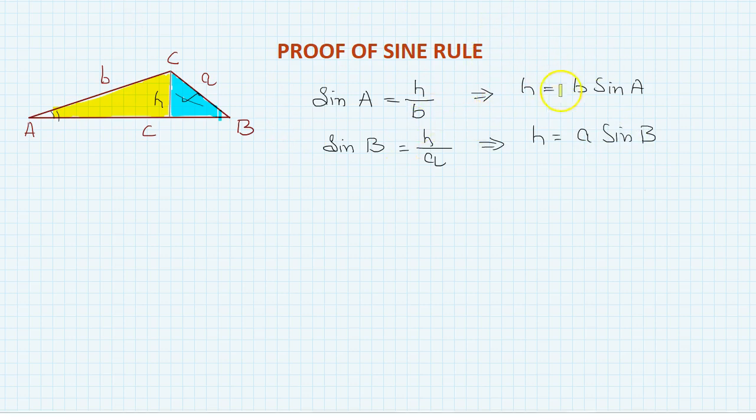Now in these two equations, the left side is h and the right is B sine A. Here the left is h and the right is A sine B. So both right sides must be equal.